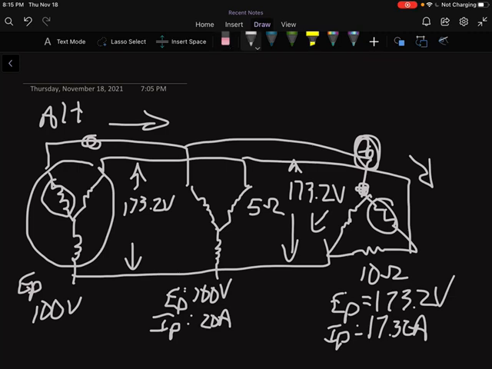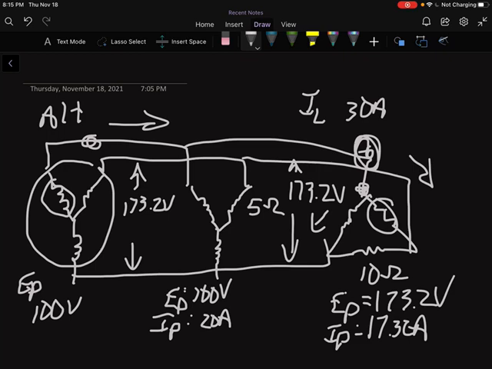So we see that at this point we have 30 amps. So that's the trickiest part, and that's where a lot of students end up failing or messing things up, is that they forget to make it root 3 larger when they come out into the line. So this is my I line.